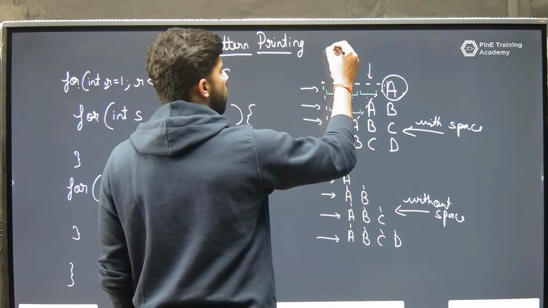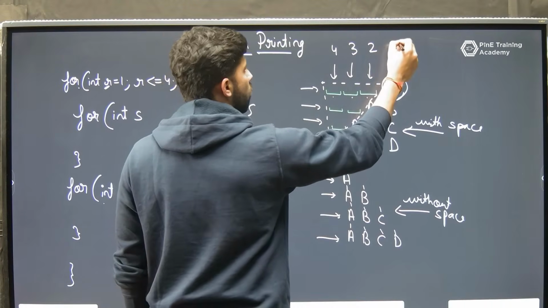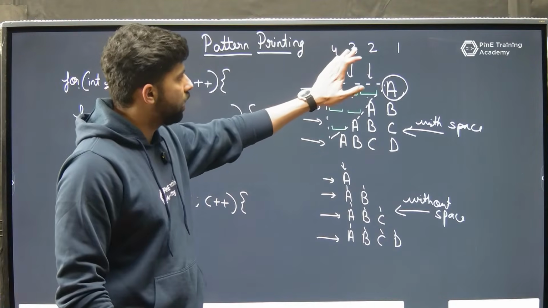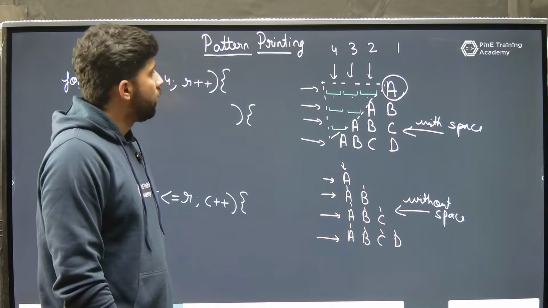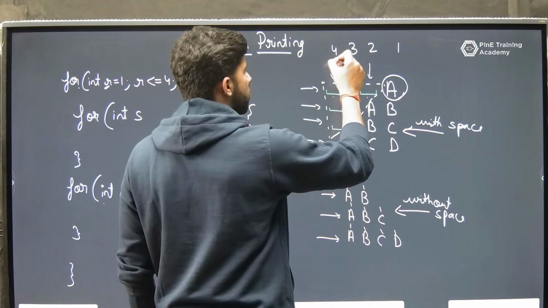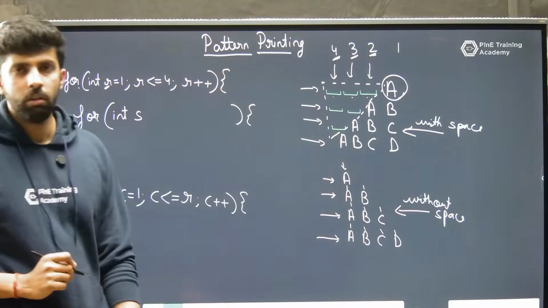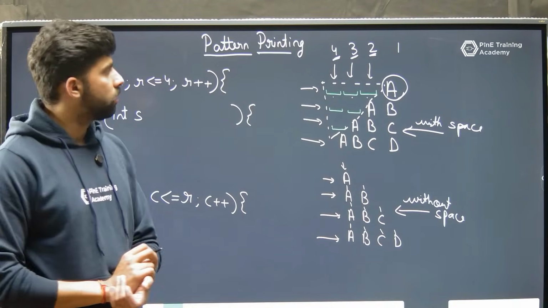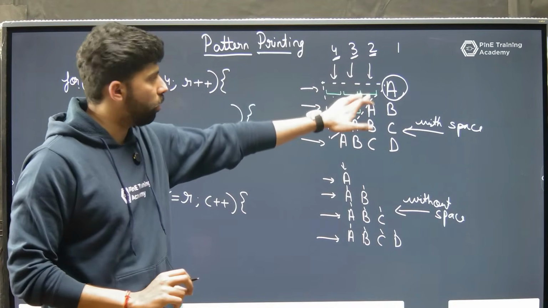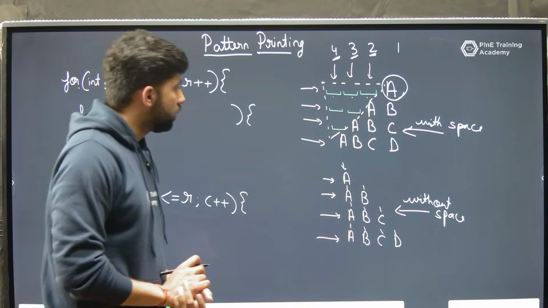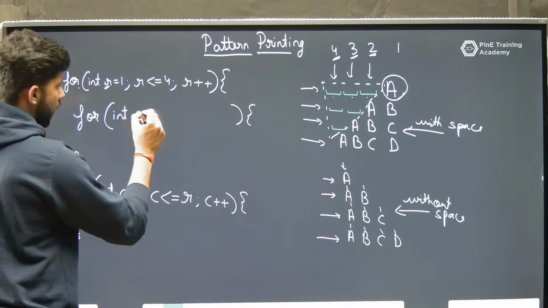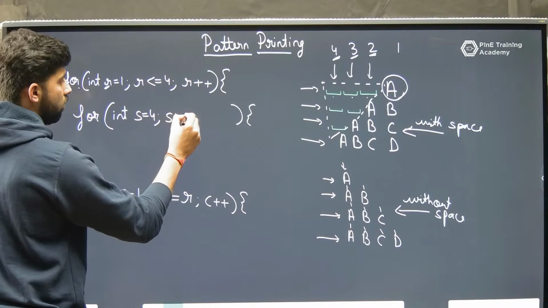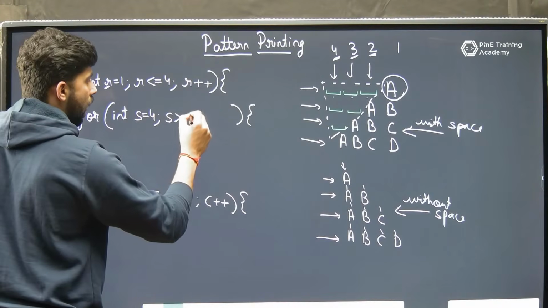Earlier, we were going from 4, 3, 2, 1. If you remember the previous slide, we were going from 4, 3, 2, 1. Now I need to go till 4, 3, 2, because I have space till 2 only. So I will start from 4 and go till r.